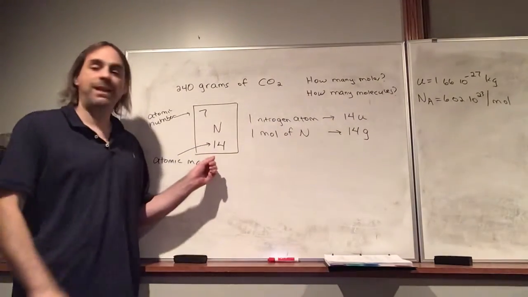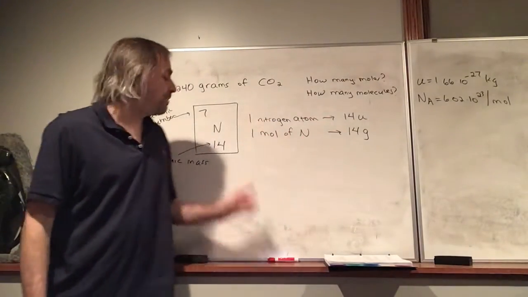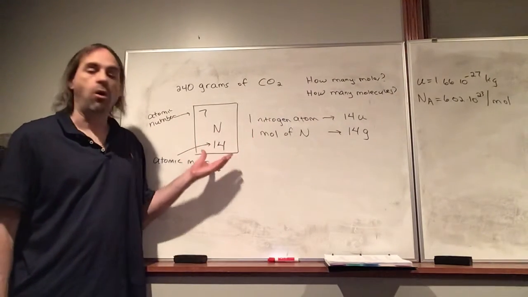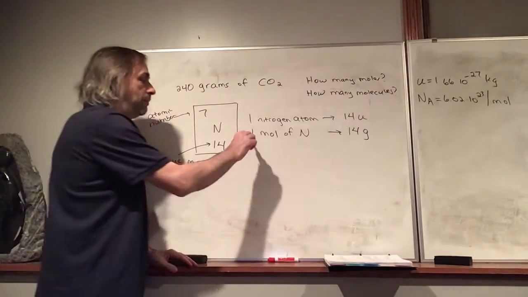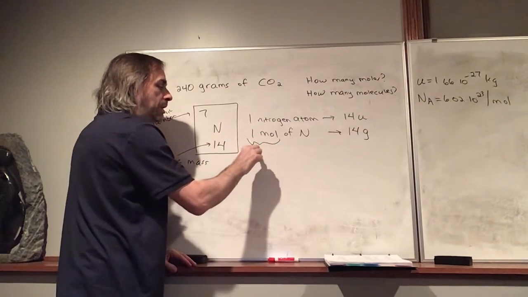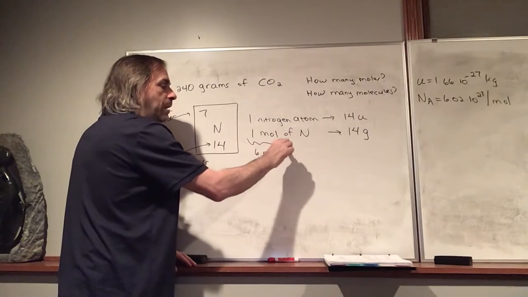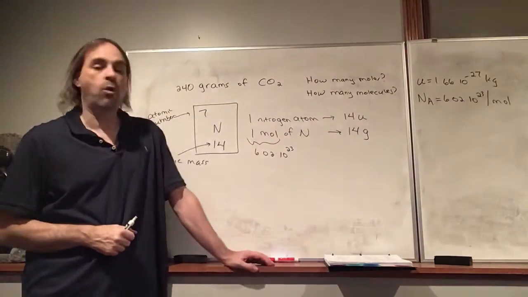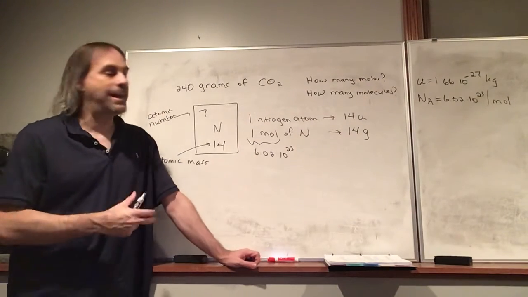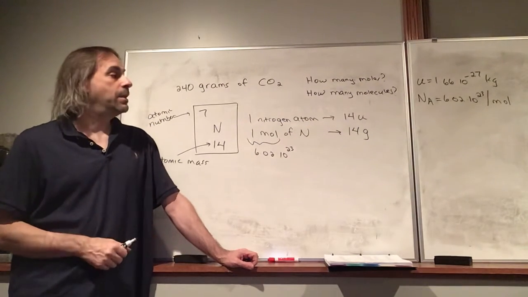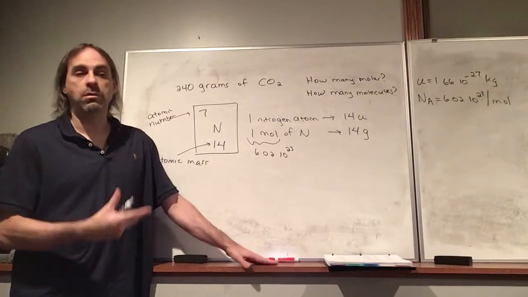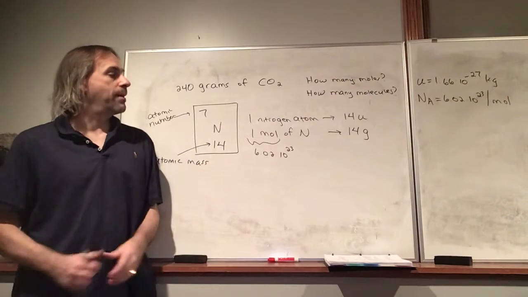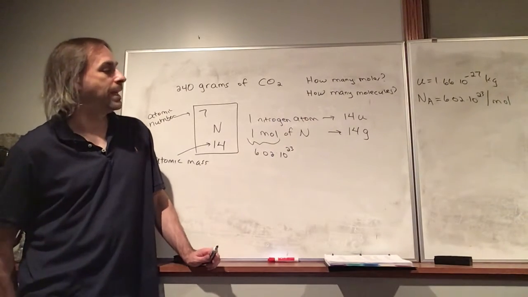So if we're talking about a single atom, that would be its mass in atomic mass units. If we're looking at a mole, so again, if we have 6.02 times 10 to the 23rd atoms of nitrogen, it would have a mass of 14 grams. So the atomic mass, you can look at it either on an atomic level, the microscopic level, in terms of atomic mass units, or the macroscopic level, looking at moles.